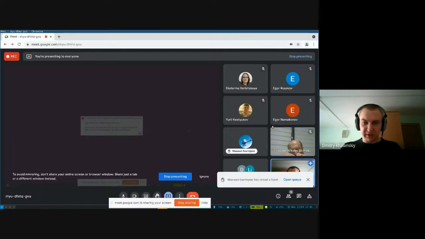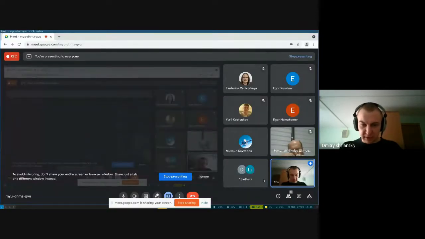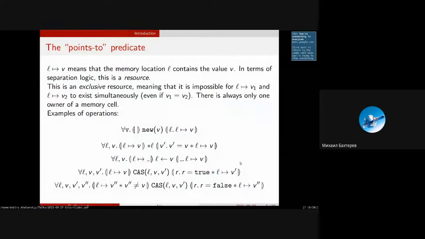Someone has written something. Mikhail raised the hand. Yes, Mikhail? Excuse me, and what does dot mean in this notation?